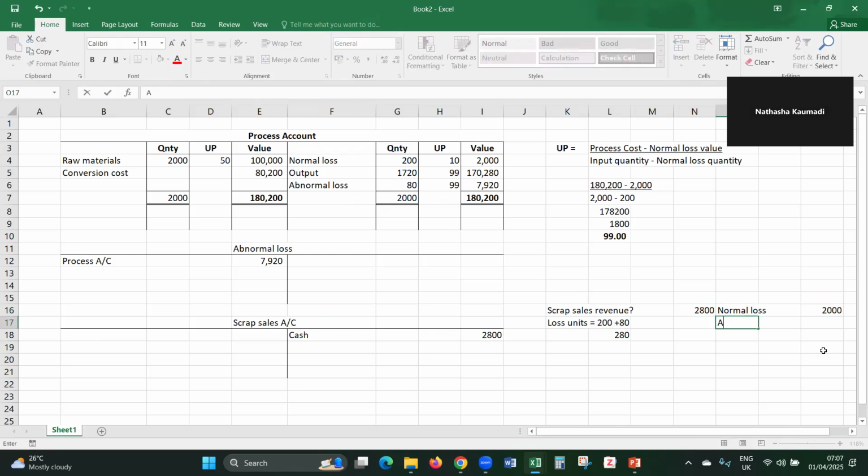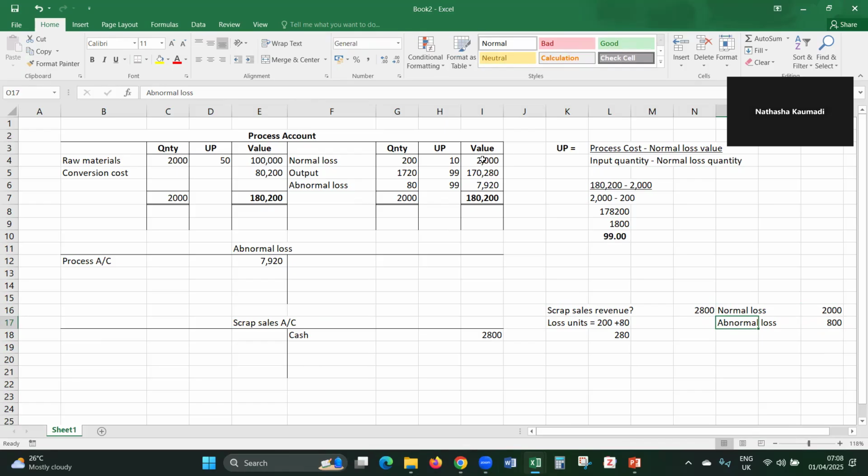What about abnormal loss? How much? You had abnormal loss units of 80. 80 multiplied by 10 rupees, 800. This is how your 2,800 is coming: 2,000 from normal loss unit selling, 800 rupees from abnormal loss unit selling. So I'm writing this 2,800, how we earned this: normal loss 2,000.